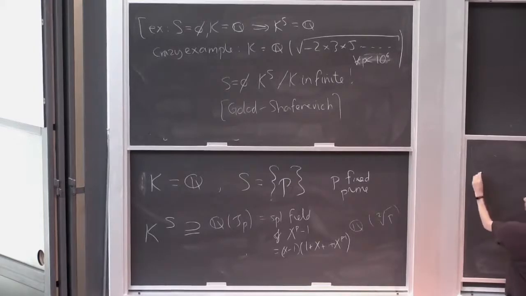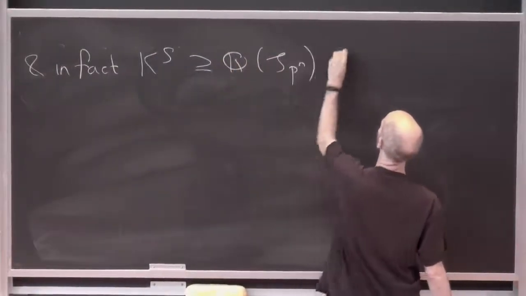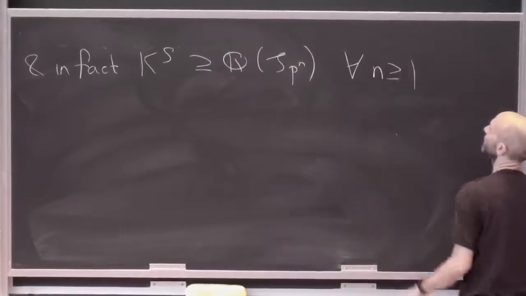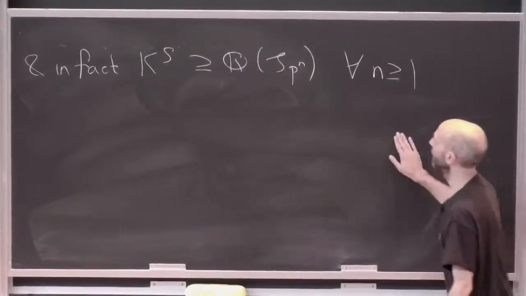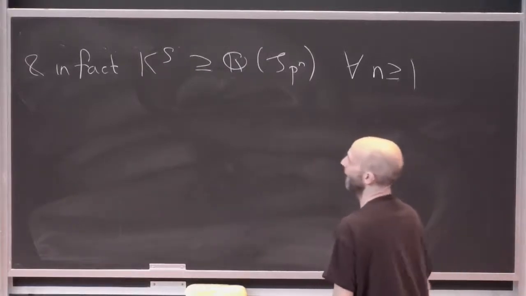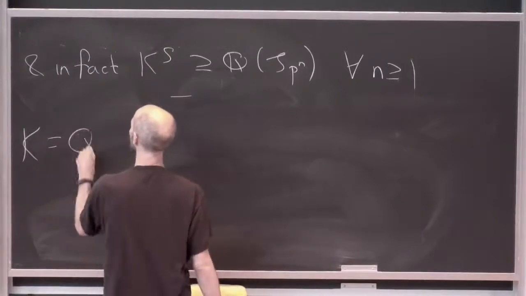And more generally, in fact, K_S would contain Q(zeta_{p^n}) for all n at least 1. So this is a huge extension, you see. I guess here's a more general thing. What about K = Q?